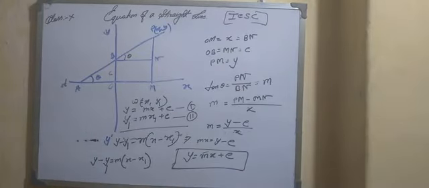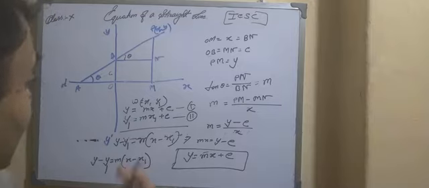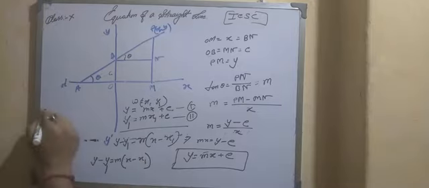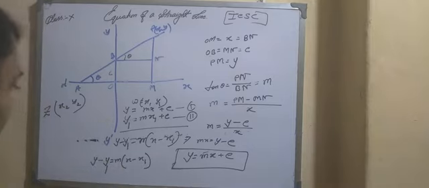Now if we have another point Z, the coordinates of Z are x2, y2. This point also satisfies this equation, and here m is unknown, so we have to remove m using x1, y1.